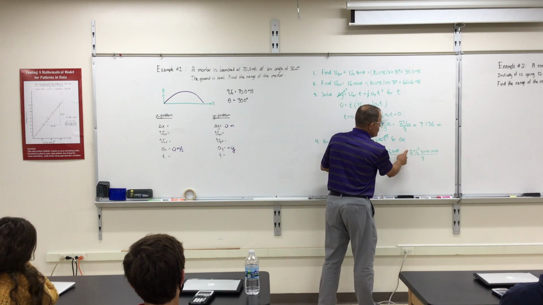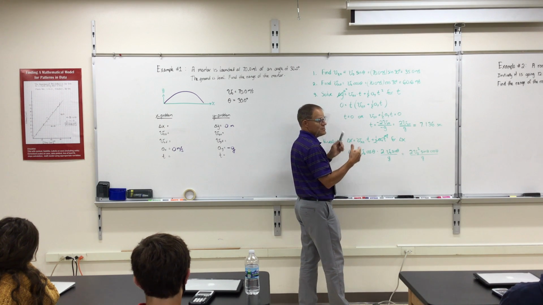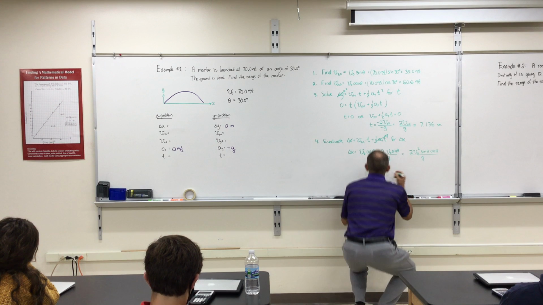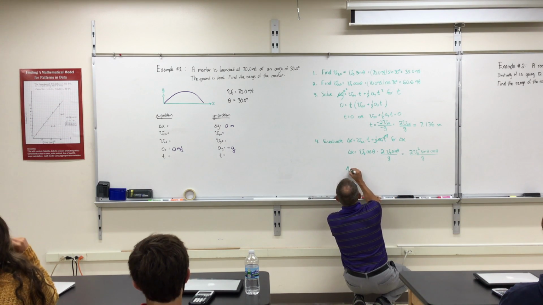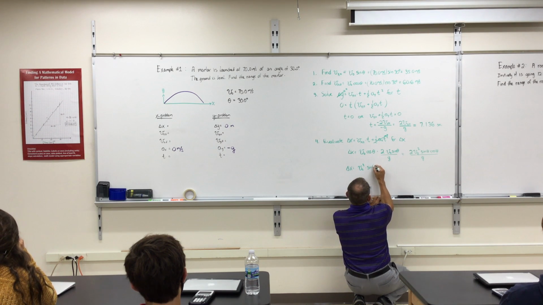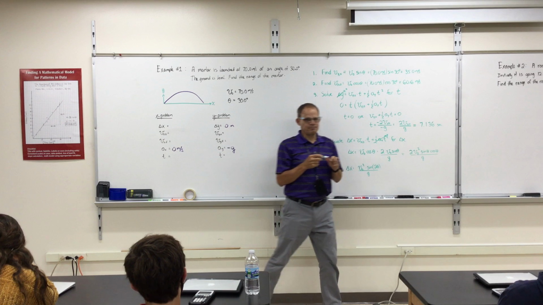Turns out that 2 times the sine of theta times the cosine of theta is just the sine of 2 theta. So if you use that little trick, you can say that the range of a projectile is the initial velocity squared times the sine of 2 theta over g. Okay? So that's the range formula.